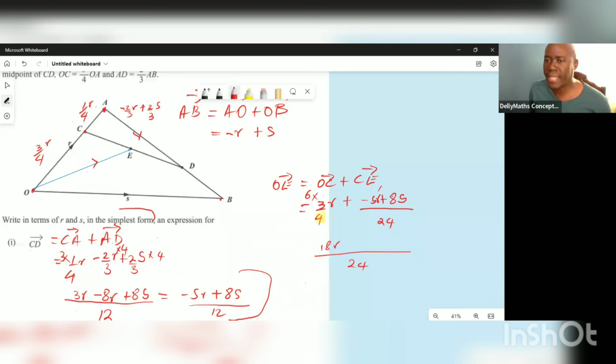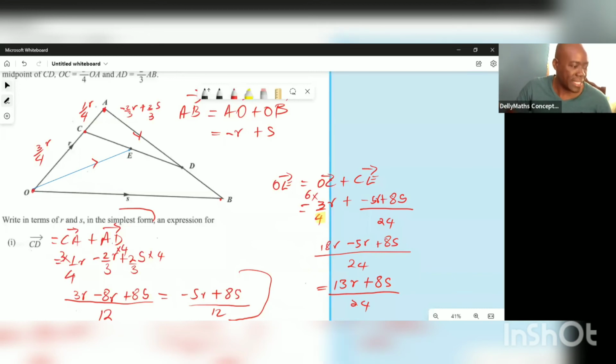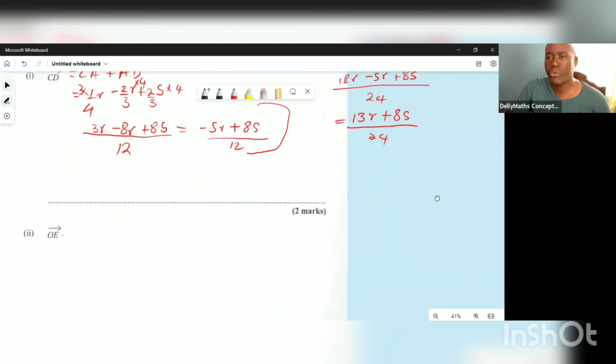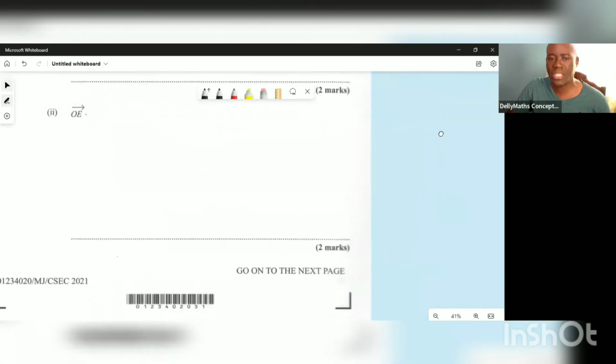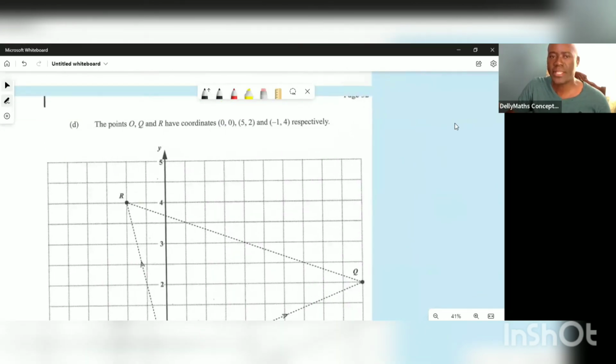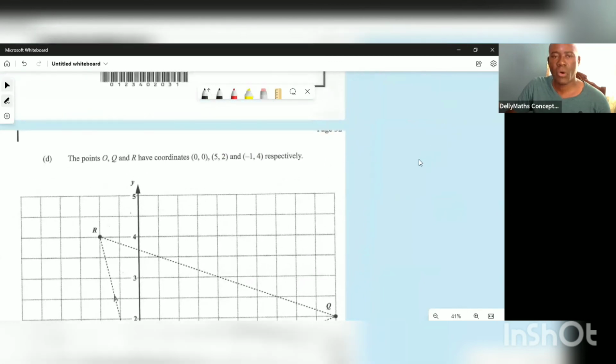So 1 times everything on top will be itself. So we'll get negative 5R plus 8S. Finally, 18R minus 5R is 13R, positive 8S, all over 24. And that is my response, easily walking through it. And that is OE.